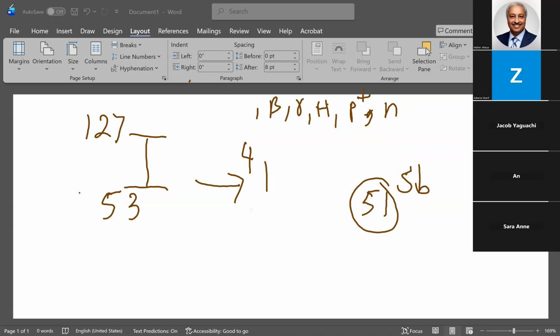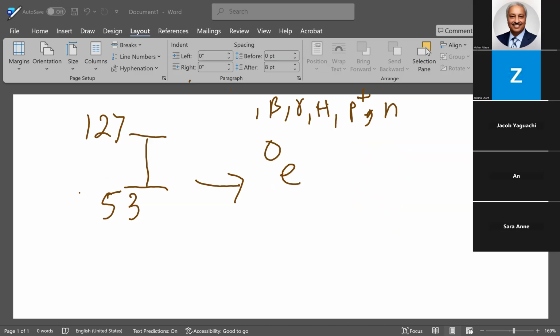Now we'll take beta. Beta, we said, has no mass. I mean, atomic mass is 0, but atomic number is -1. So what will the new element be? What's the atomic number of the new element? 54, correct?